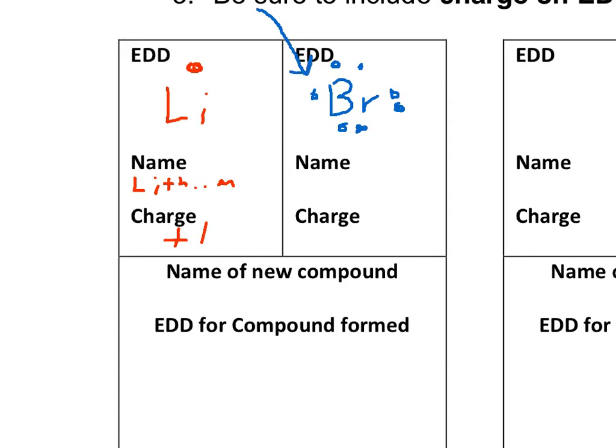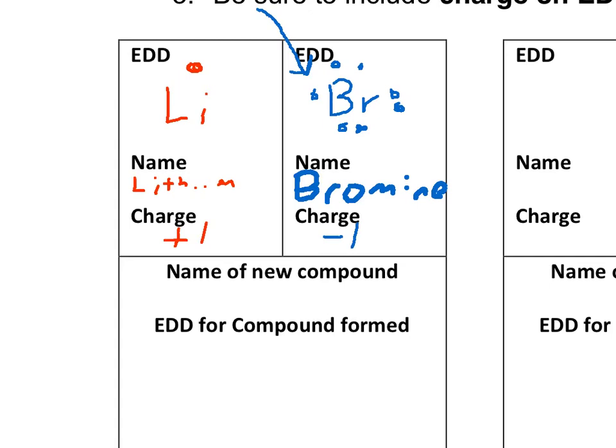Okay, chemical name is bromine. And the charge, remember it's going to gain an electron to fill its outer shell. It's going to have a negative 1 charge.